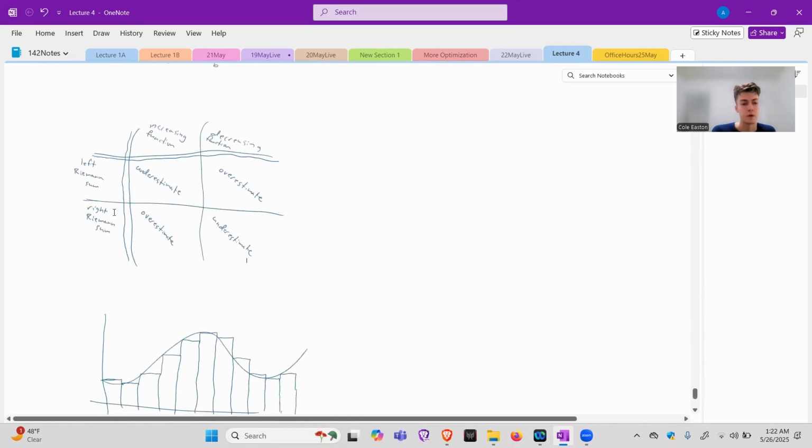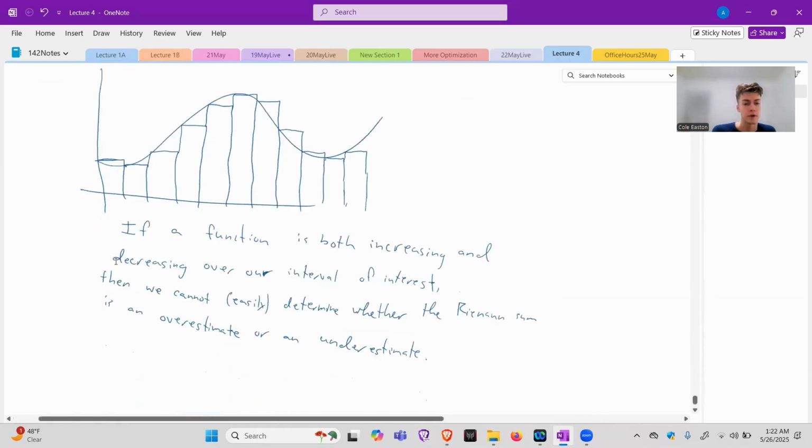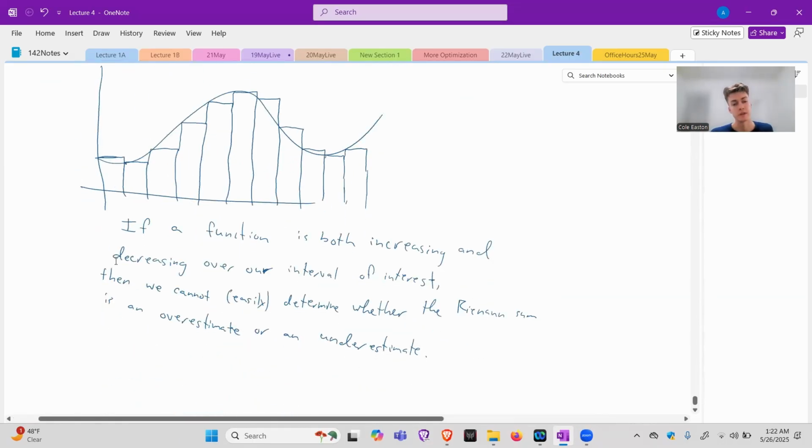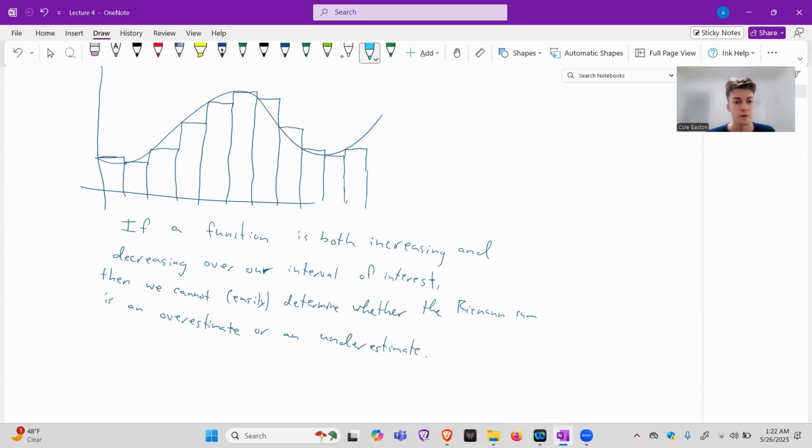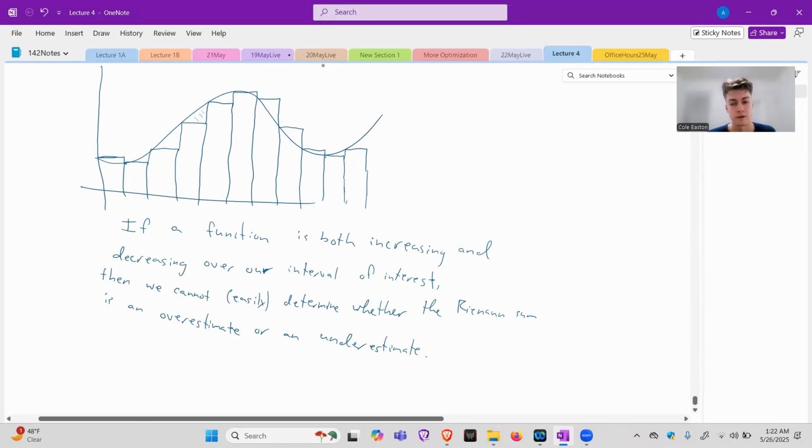Now it's important to notice, though, that if a function is both increasing and decreasing over our interval of interest, then we cannot easily determine whether the Riemann sum is an overestimate or an underestimate. So we see in this picture here, we have some triangles that are unaccounted for. And of course, when I say triangle, these aren't perfect triangles, but they're roughly triangles.